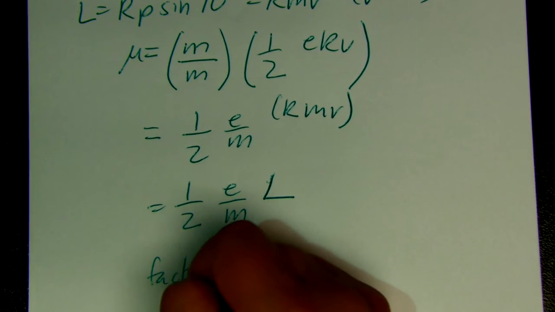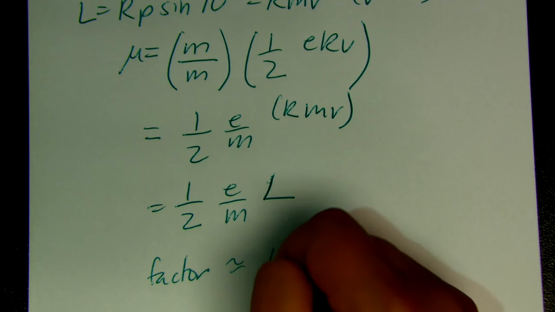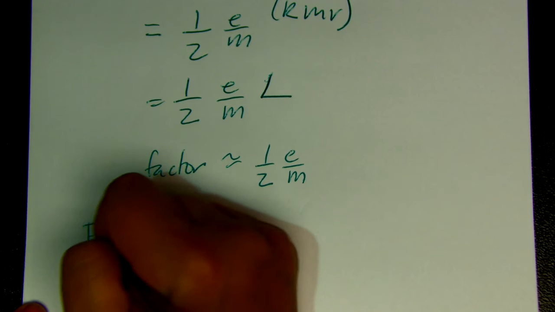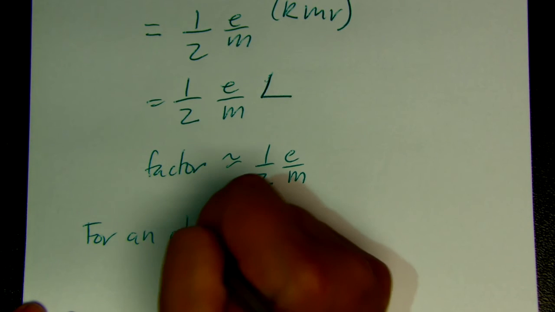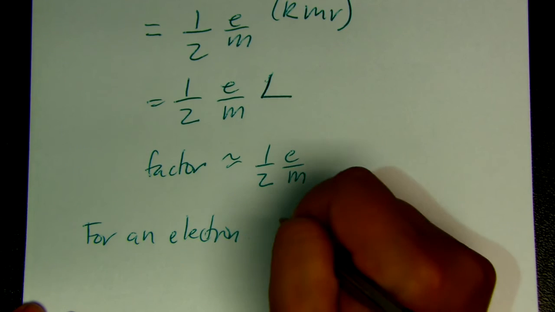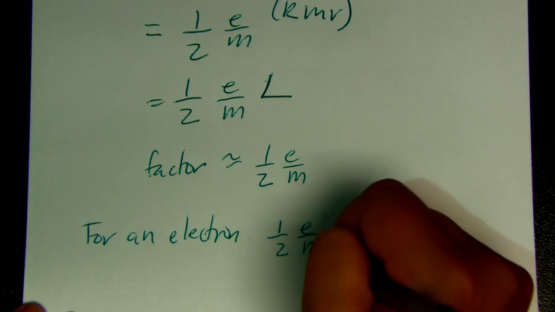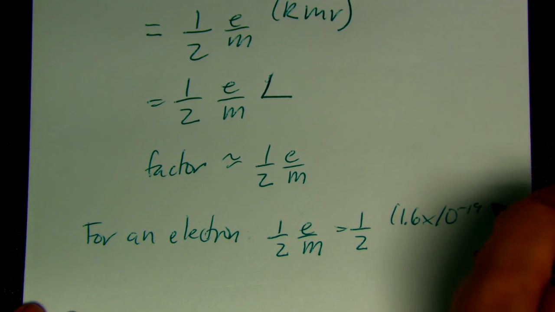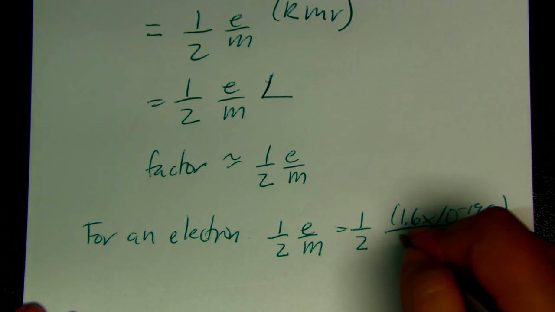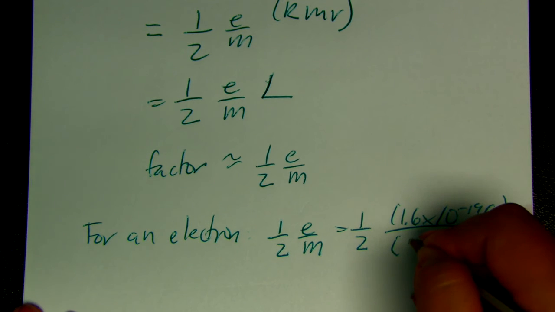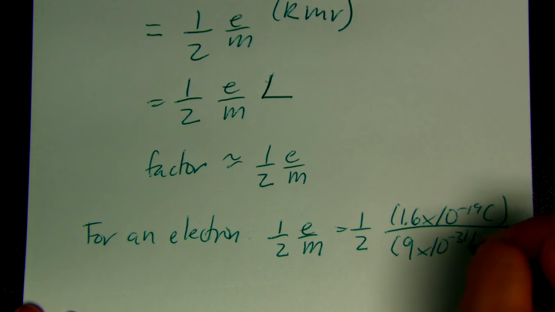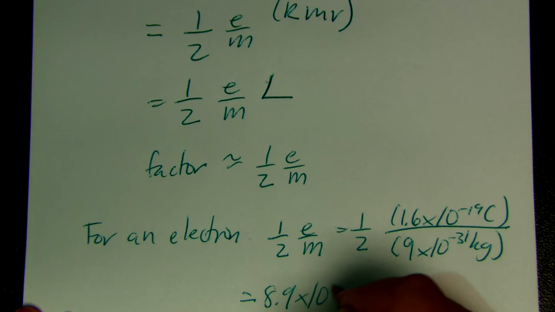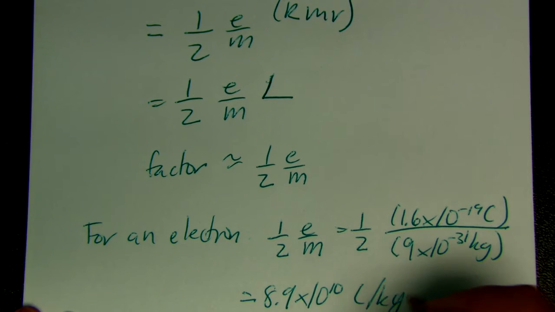Our factor is 1/2 e over m. So for an electron, 1/2 e over m is equal to 1/2 times 1.6 times 10 to the minus 19 coulombs over 9 times 10 to the minus 31 kilograms, which is 8.9 times 10 to the 10 coulombs per kilogram.